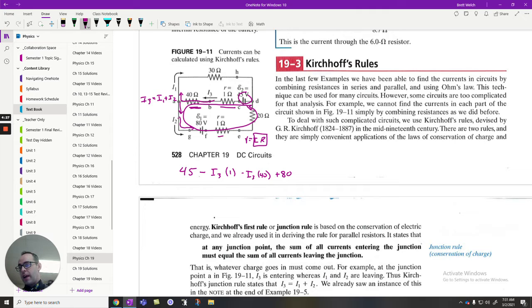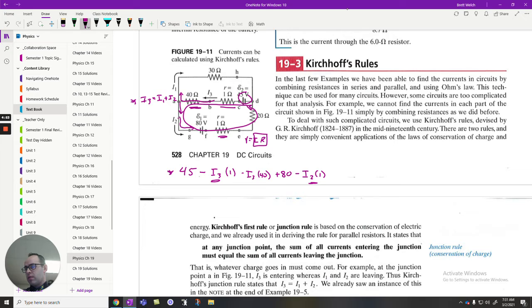And then over here I have another resistor, so I'm going to minus the current I2 times the resistor of 1. Now when I simplify all this, you'll notice that I3 and I2 show up in this equation. So I now have two equations, this equation up here and this equation up here, that reference I1, I2, and I3.